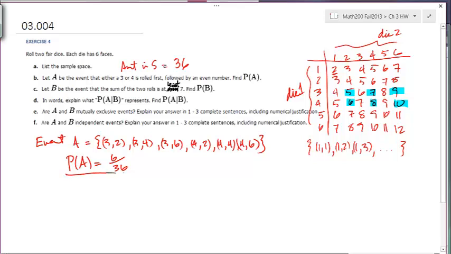Okay, that's event A. Now event B. Event B is going to be the event that the sum of the two rolls is at least 7.